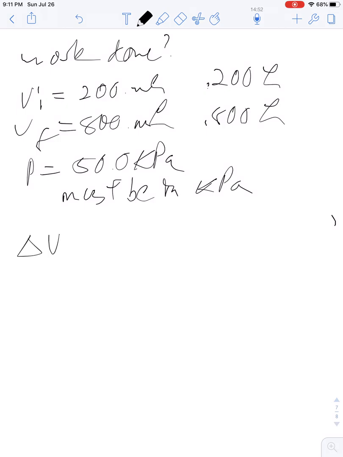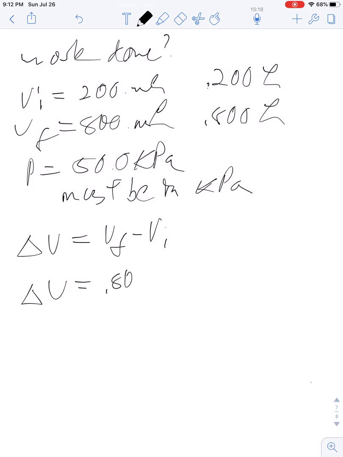So my change in volume is going to be my final minus the initial. Always, anytime you take a delta, it's always final minus initial. Don't let anybody tell you anything differently. It's always final minus initial, never the other way around. If someone tells you you can subtract the final from the initial, they're wrong. It's always final minus initial, not initial minus final.